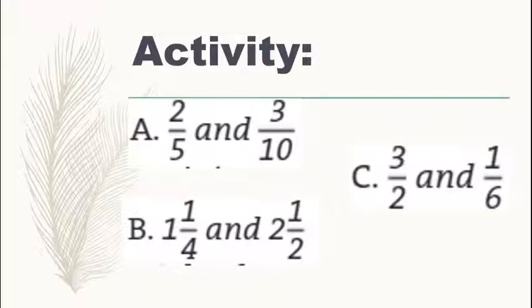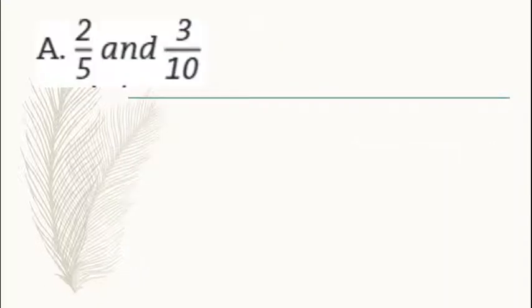C, we have 3 over 2 and 1/6. We will start with letter A: 2/5 and 3/10. When the problem says and, it means we need to add.